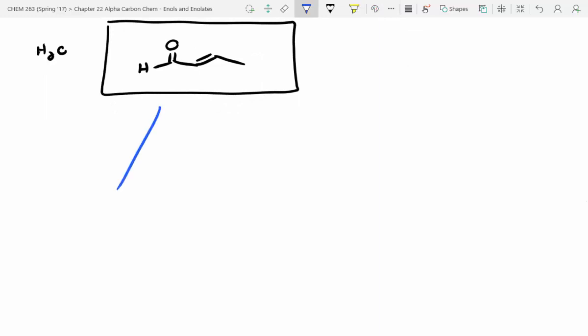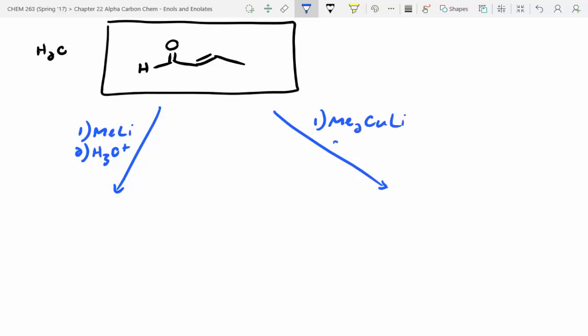Option 1 is what will happen if we treat this with methyl lithium, which is a strong nucleophile, followed by an acid workup. And then let's consider an alternate reaction where we use a lithium dialkyl cuprate, a Gilman reagent, and again follow it with an acid workup.